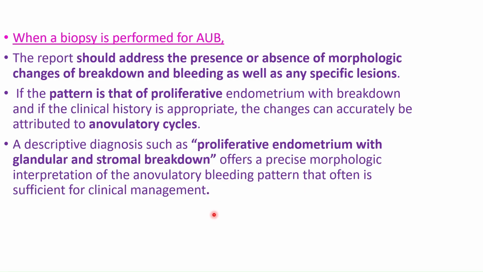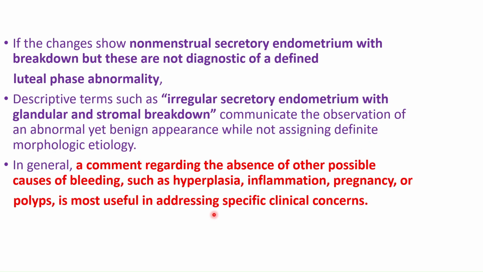So whenever we find proliferative glands with changes of breakdown and bleeding, we have to write down proliferative endometrium with glandular and stromal breakdown, and it is suggestive of anovulatory cycles. Now, if the changes show non-menstrual secretory endometrium with breakdown, but these are not diagnostic of a defined luteal phase abnormality, at that time we have to write down irregular secretory endometrium with glandular and stromal breakdown.